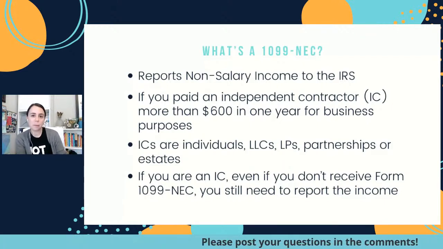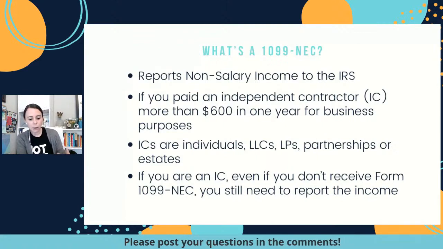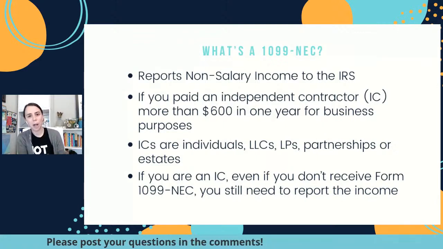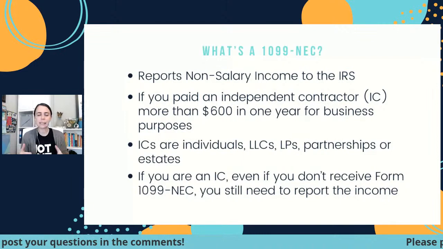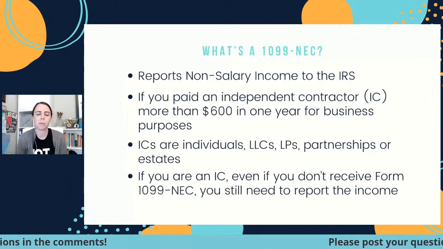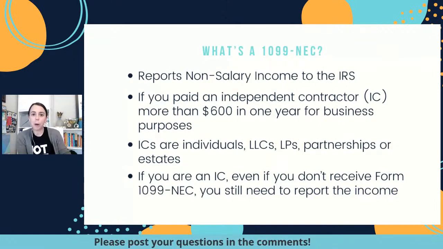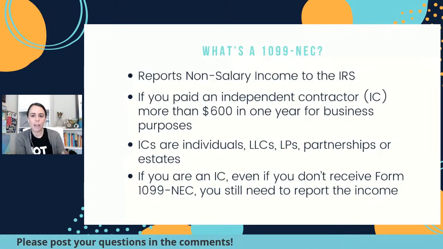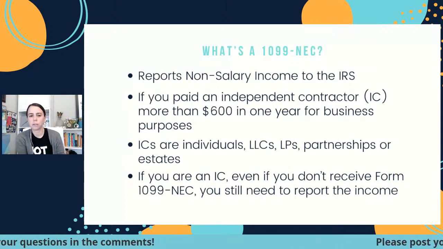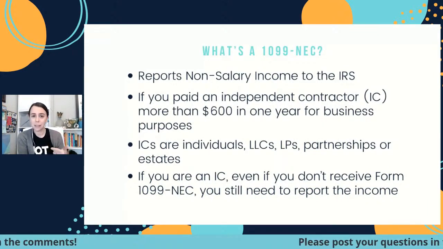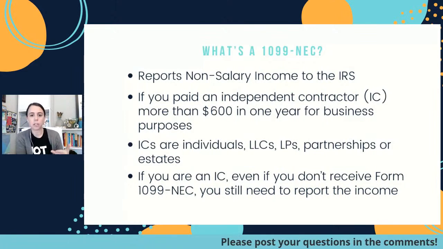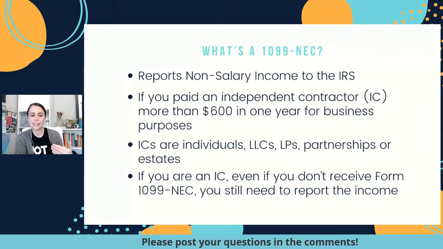Now, if you are an independent contractor and you were paid more than $600 for providing services for business purposes in one year, then you should be receiving, in theory, a 1099-NEC. For the purposes of a 1099-NEC, we have to pay these out to individual contractors that are individuals, LLCs, LPs, limited partnerships, general partnerships, or estates.